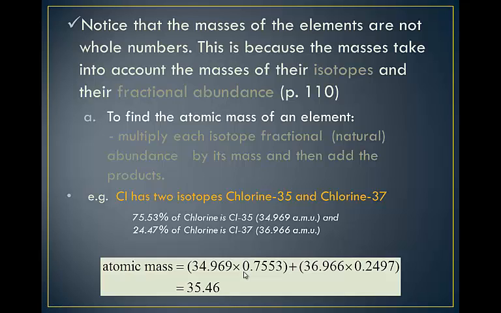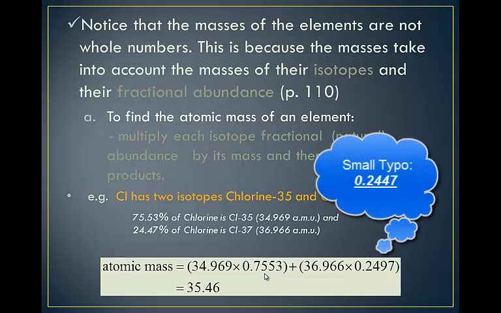Remember that all percentages have been multiplied by 100, so to convert between the whole number percentage and the decimal, we just divide by 100. So this first half, 34.969 times 0.7553, represents the part of the mass of all the chlorine which comes from chlorine 35.